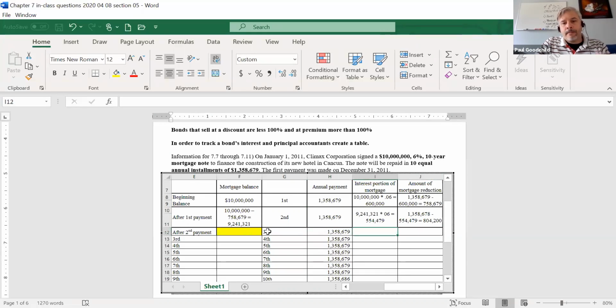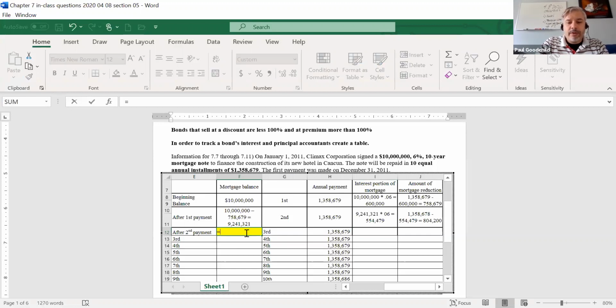Okay. So now we take the 9,241,321 and we subtract the 804,200. And we end up with 8,437,121.